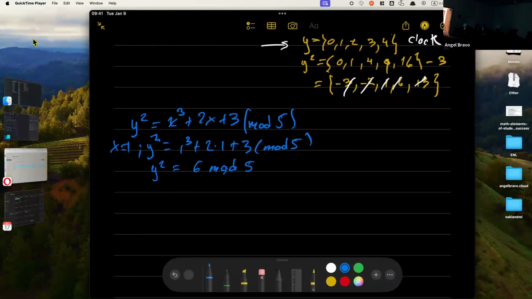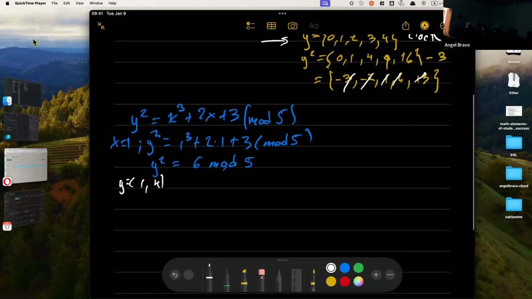Now, let's assume that earlier, we can discover it ourselves, but we already saw the answer, right? These could be 1 or 4, correct? For y, y could be any one of these. So if I plugged in y with 1 here, and this 6 mod 5, pretty much this solution is 1 equals 6 mod 5.